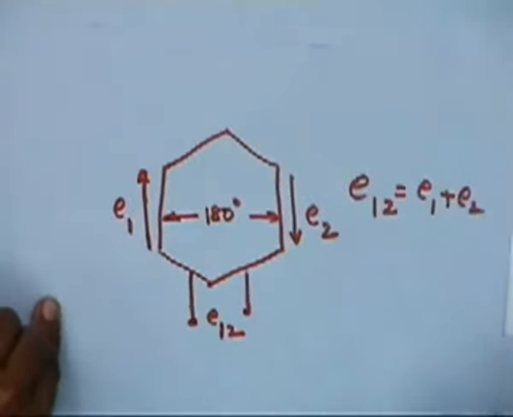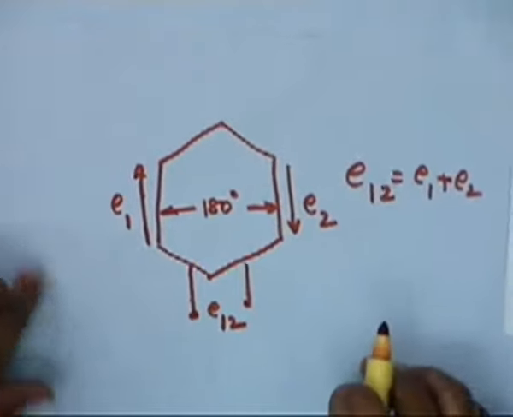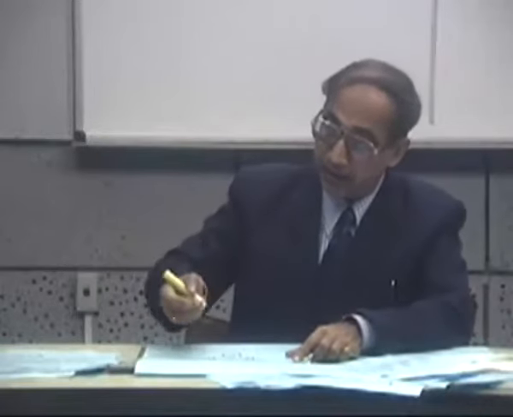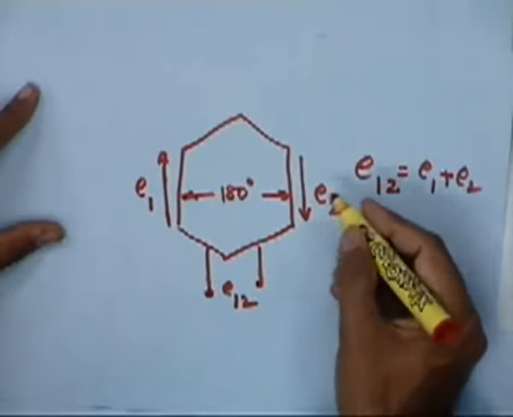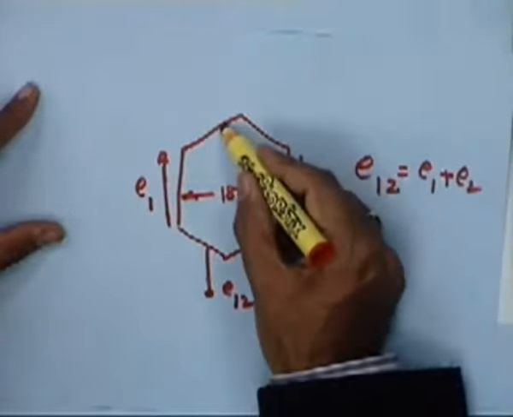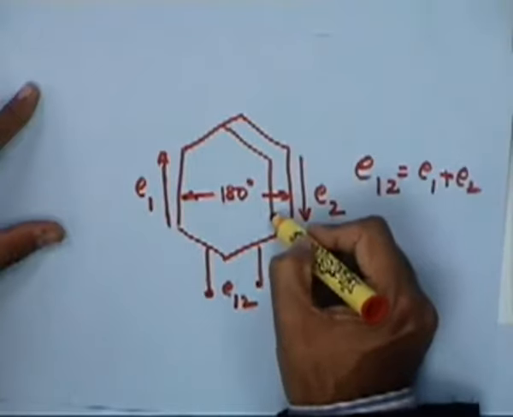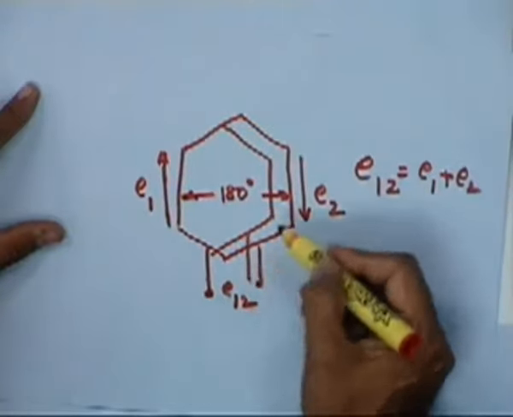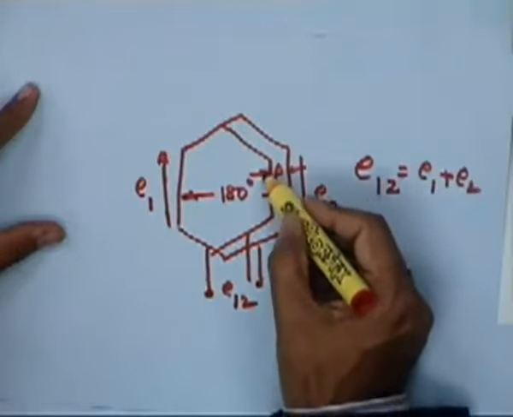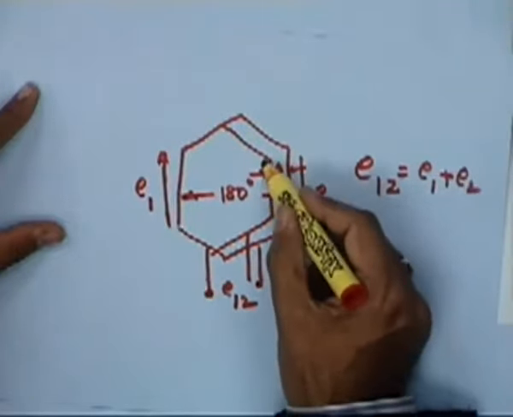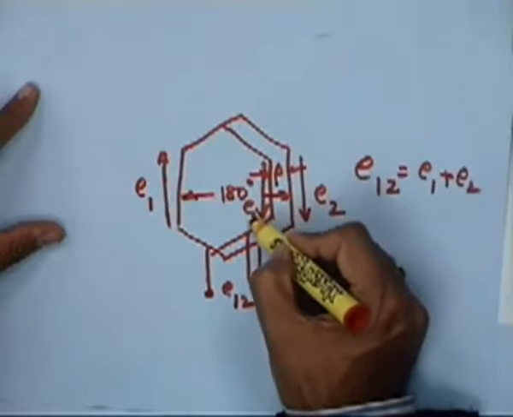Now, if it is not 180 degrees, if it is less than that, and this angle is beta, let us say this is E3.